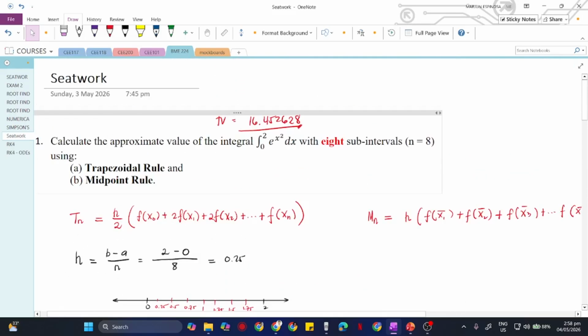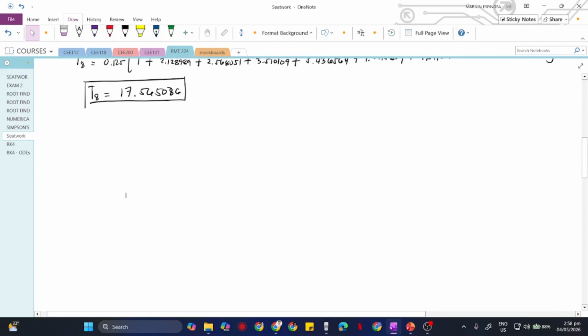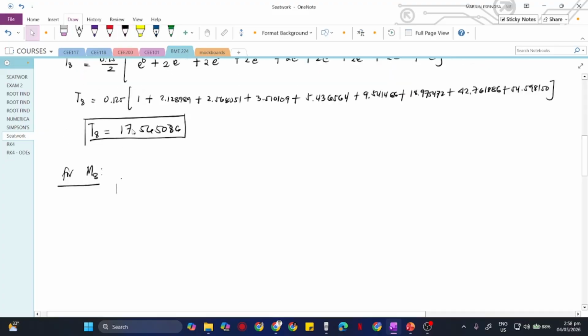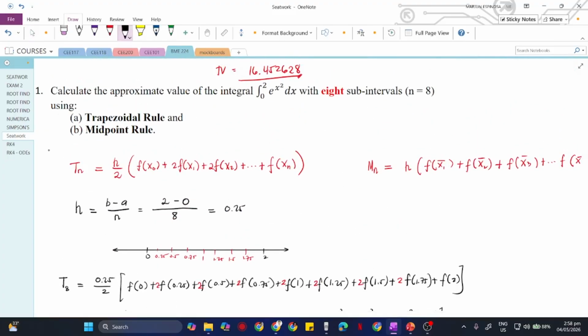Let's first try using the midpoint rule. Okay, midpoint rule, so M sub 8, right? That is h and then the terms. Okay, for midpoint 8. Okay, hold on. This is for the trapezoidal, for T sub 8.